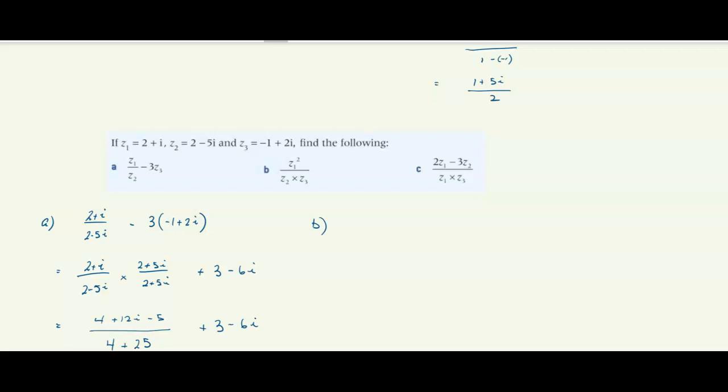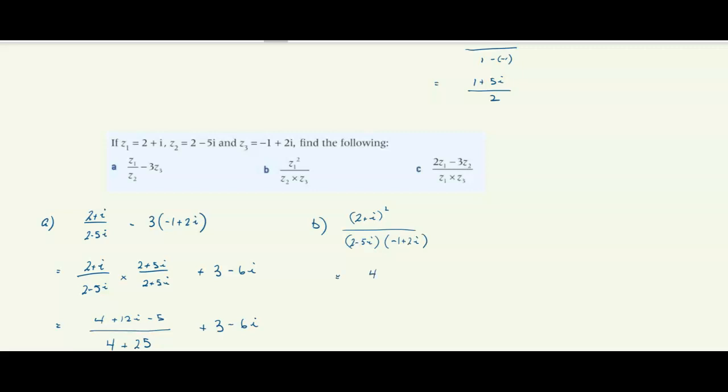All right, so Z1 squared, I've got 2 plus i all squared over the product of Z2 and Z3. So this gives me 2 minus 5i times minus 1 plus 2i.